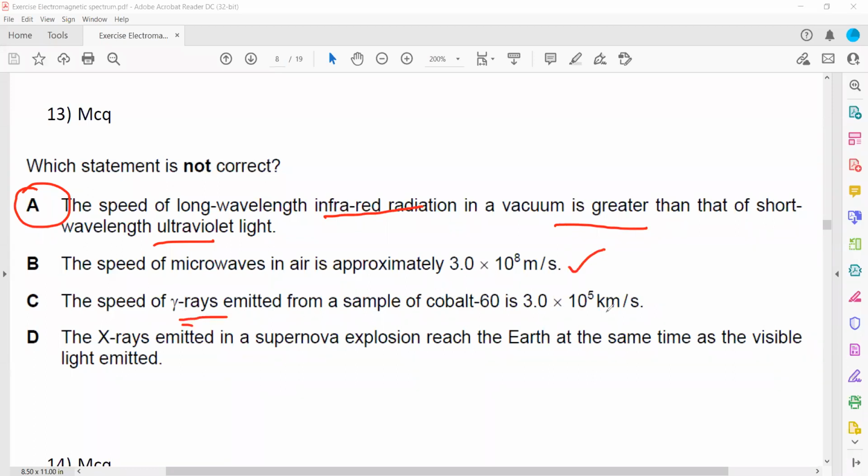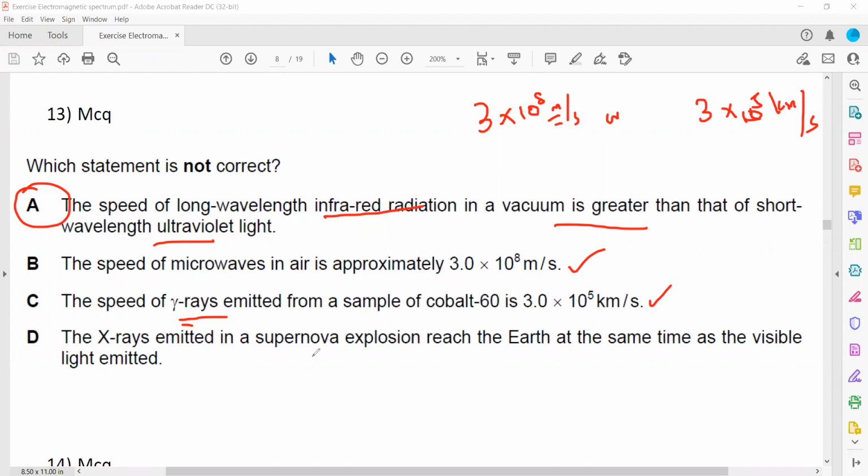The speed of gamma rays: 3 x 10^8 meters per second I can also write as 3 x 10^5 kilometers per second. Both can be written in the same manner, it won't make a difference. The only difference is that one is meters per second and the other is kilometers per second, but both are the same value, because both refer to 300 million meters per second.